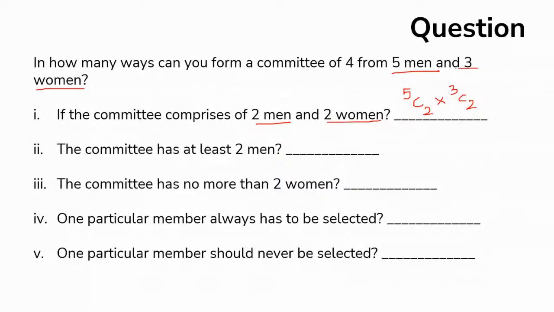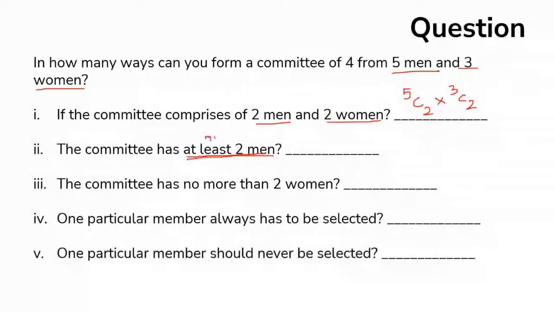And moving on to the second one, the committee has at least two men. What is the meaning of at least two men? The minimum value is two men.